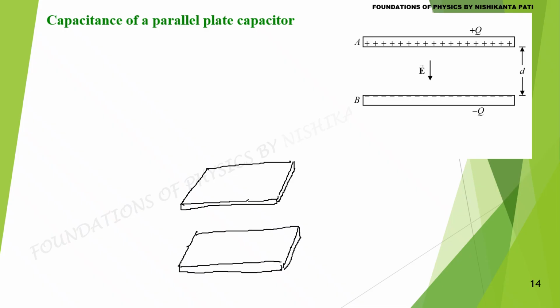The two conducting plates are parallel to each other. They have the same area and the separation is D. The plate area is say A, and the space between the plates is a dielectric of permittivity epsilon.